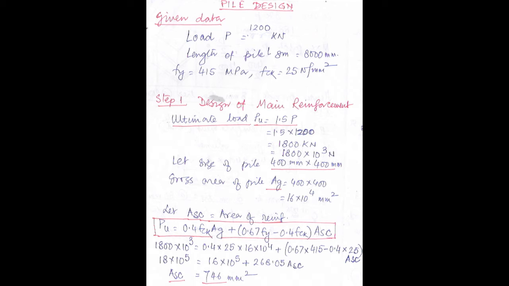As per our table, we have to take the size of the pile as 400 by 400 millimeter, because here the load is more than 600 kilonewton. So assume the size of the pile is 400 by 400. Now what will be the gross area of the pile?